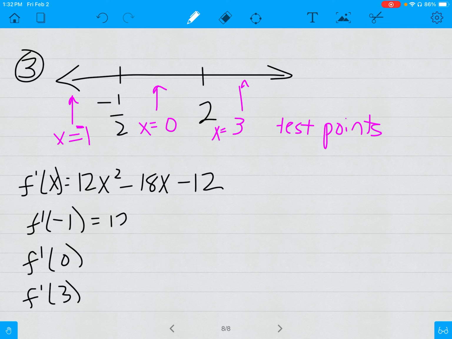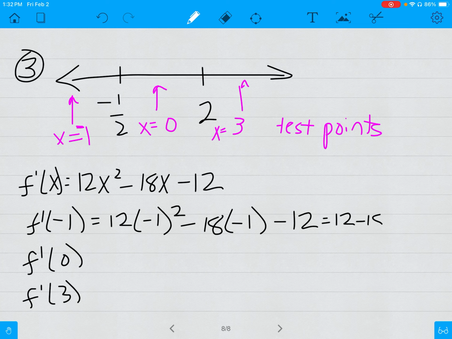So here I'm going to have 12 times -1 squared minus 18 times -1 minus 12. 12 times -1 squared, that part's just going to be 12. Then I have minus 18 minus 12. And that is going to be negative, right?